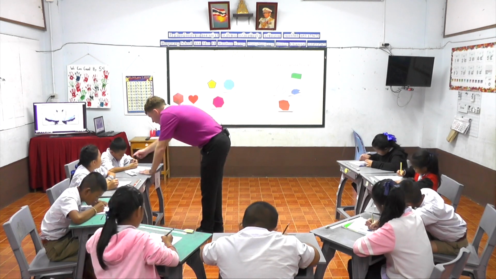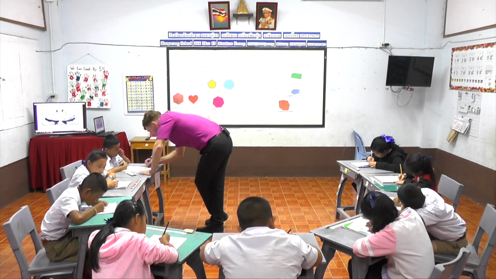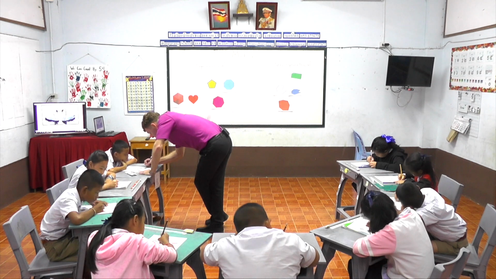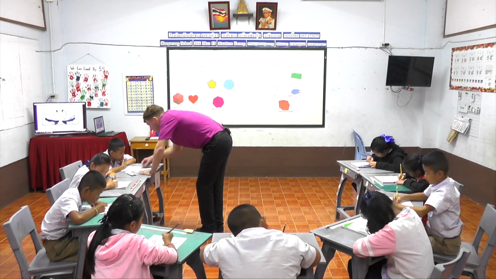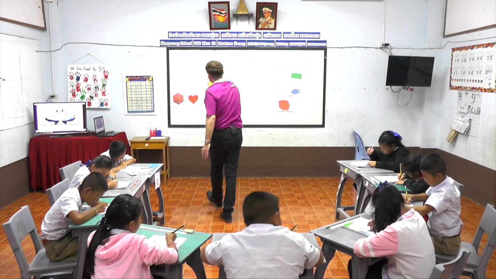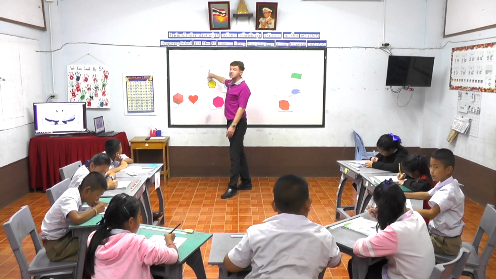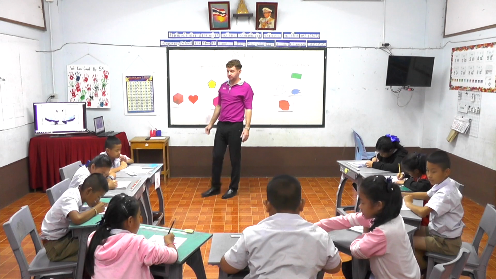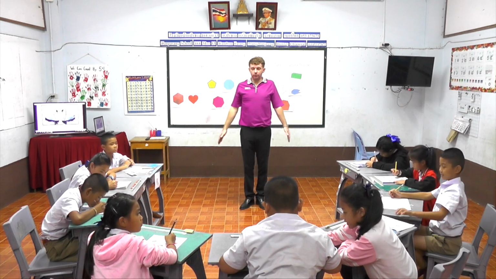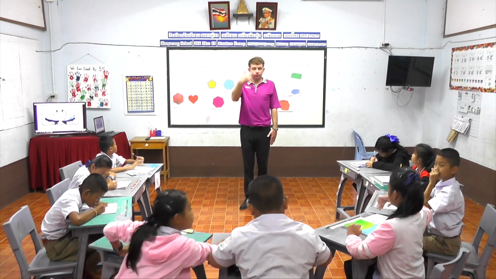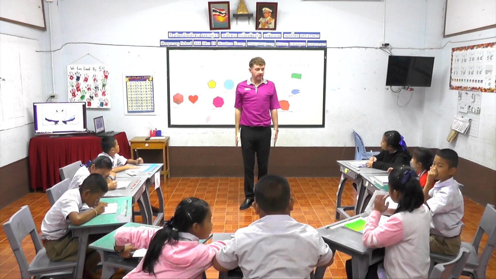What do we think this one? So if we draw our line down the center of our shape, the same. So for the same shapes, we can say symmetrical. Does teacher look symmetrical? If you draw a line down the center, am I symmetrical?